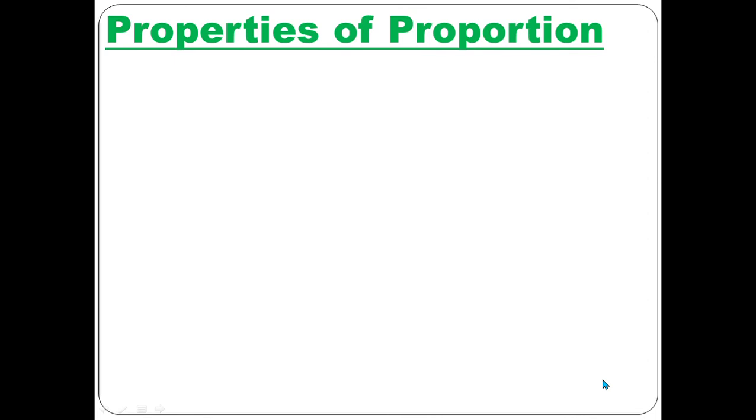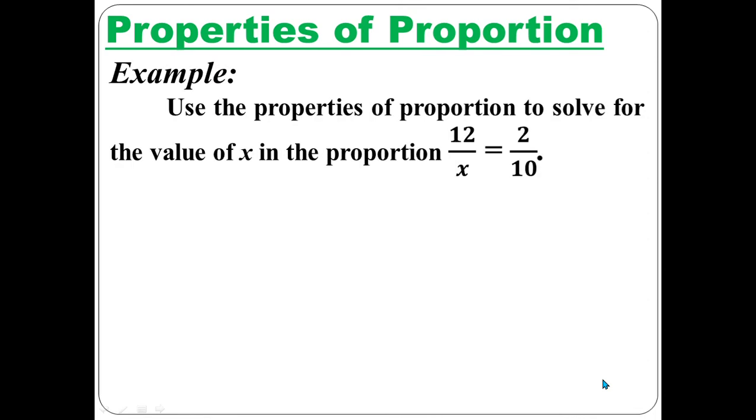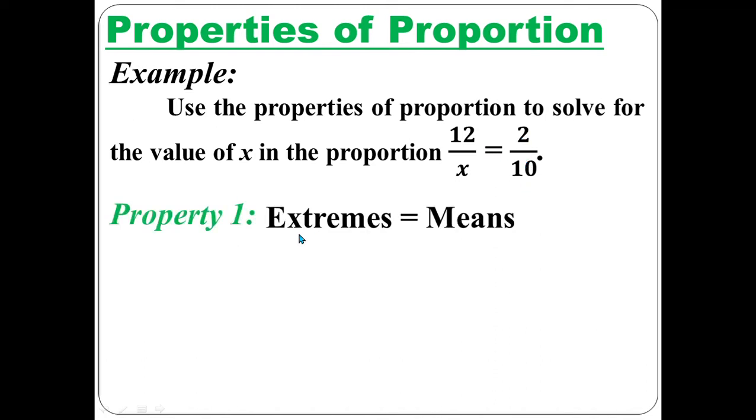So, we have the properties of proportion. Use the properties of proportion to solve for the value of x in the proportion 12 over x is equal to 2 over 10. First property: means and means is equal to extremes and extremes. Ito yung ating given.